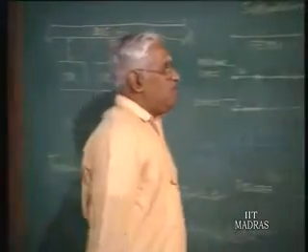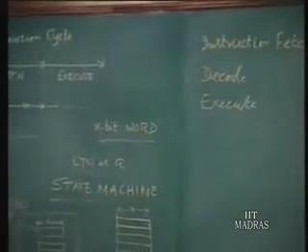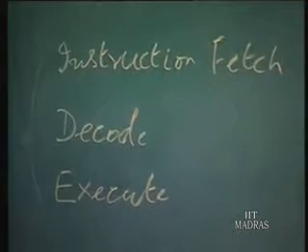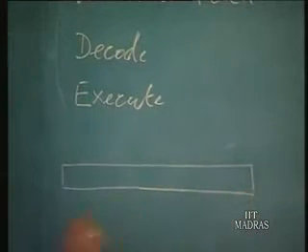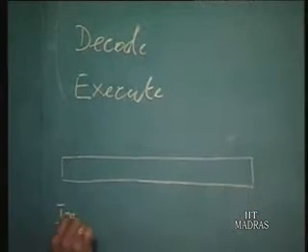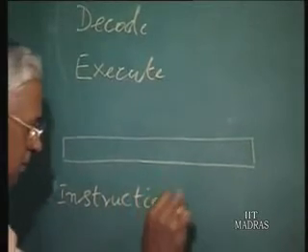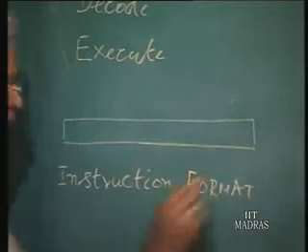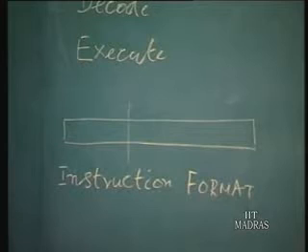So what happens is, first the instruction is fetched, and that itself will be in a coded form. Okay, essentially what we are talking about here is the instruction format, meaning the way in which the instruction is organized.